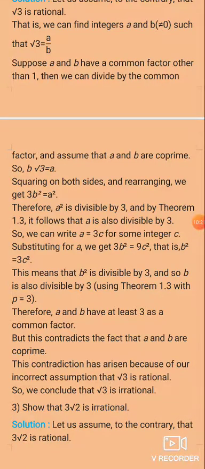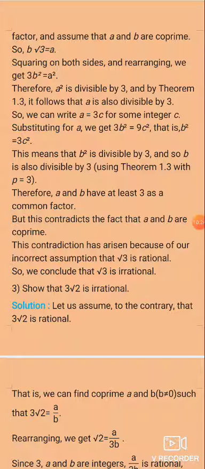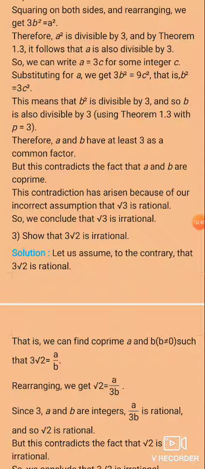Now the sub questions of that, with multiplication, division, addition, subtraction, etc. Listen to the sub question: show that 3 root 2 is irrational. Same as before, let us assume to the contrary that 3 root 2 is rational. Then we can find co-prime a and b such that 3 root 2 is equal to a by b.